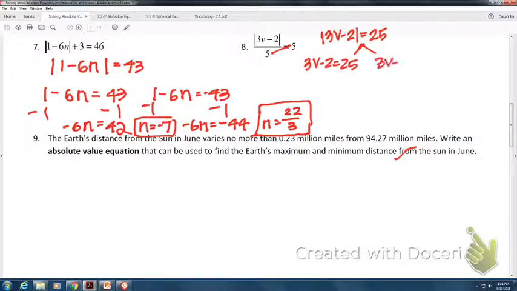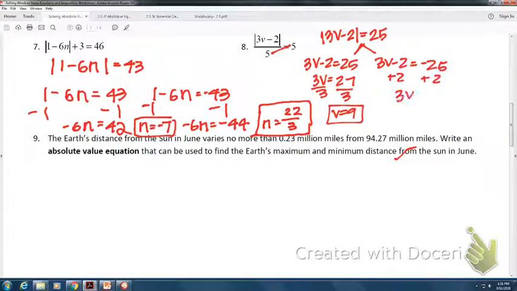Very good. Okay, now I solve my equations. If I add 2 to both sides, I have 3v equals 27. And this time you do get 9. And then over here, when I add 2 to both sides, I get 3v equals negative 23. Divide by 3.